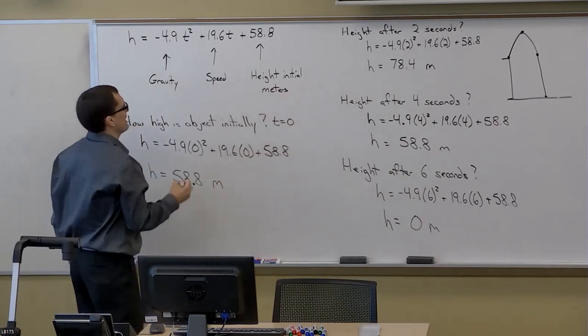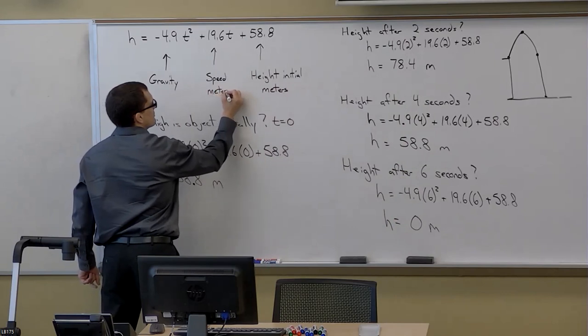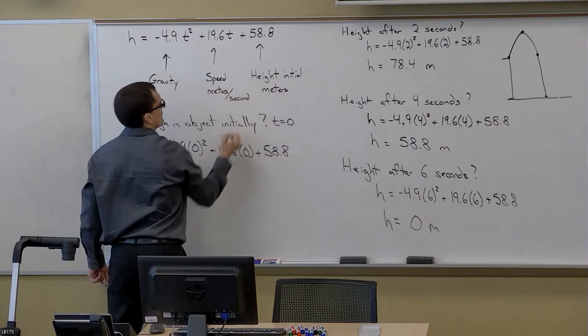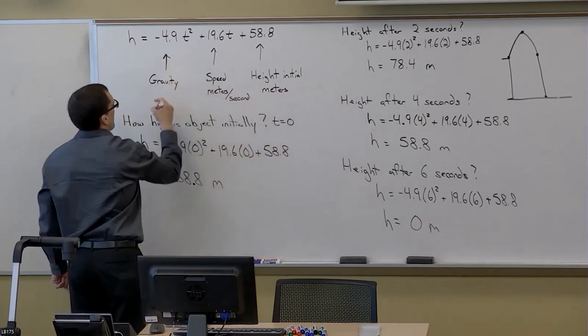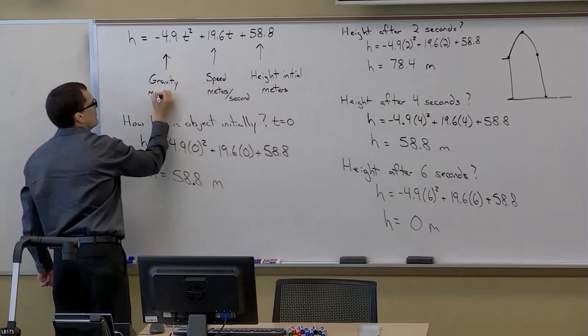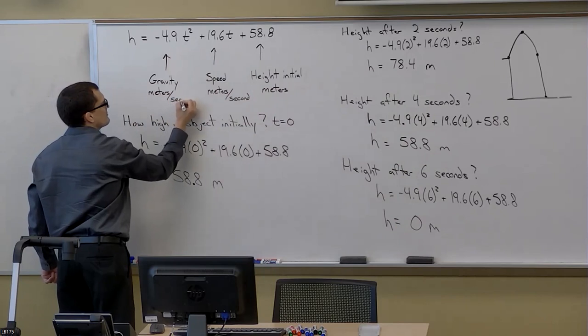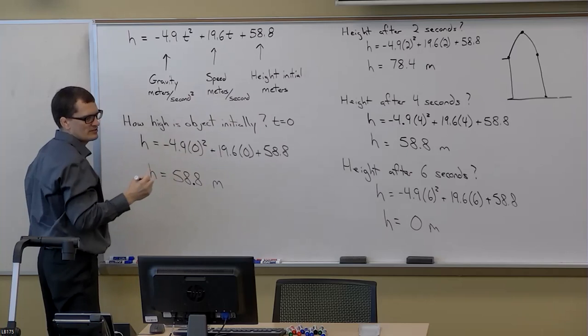The speed is in meters per second. And then the gravity is in meters per seconds squared, where the seconds are being squared.